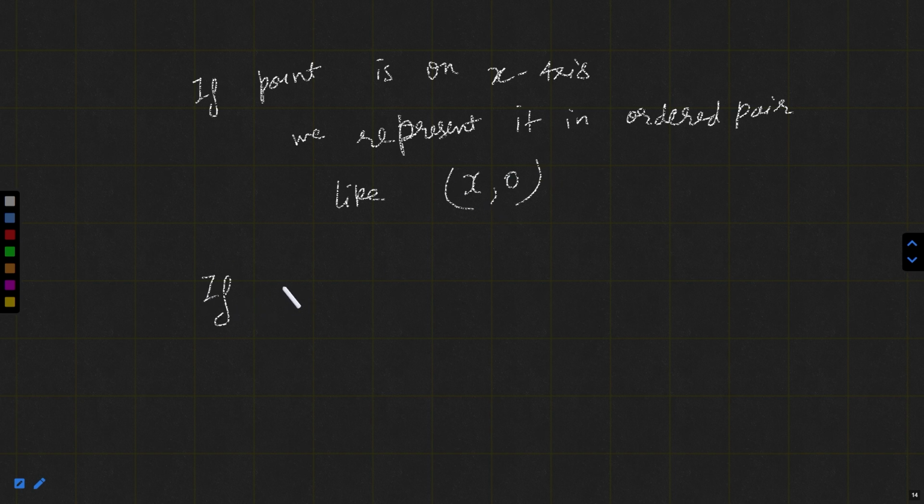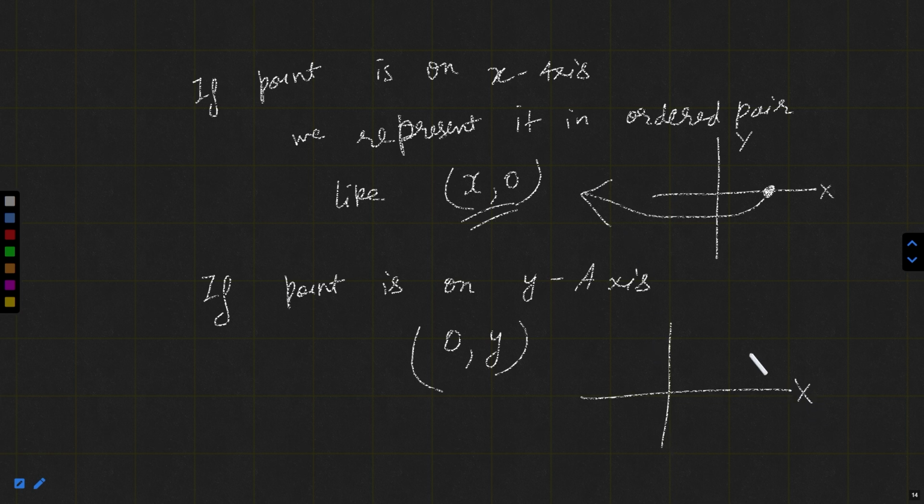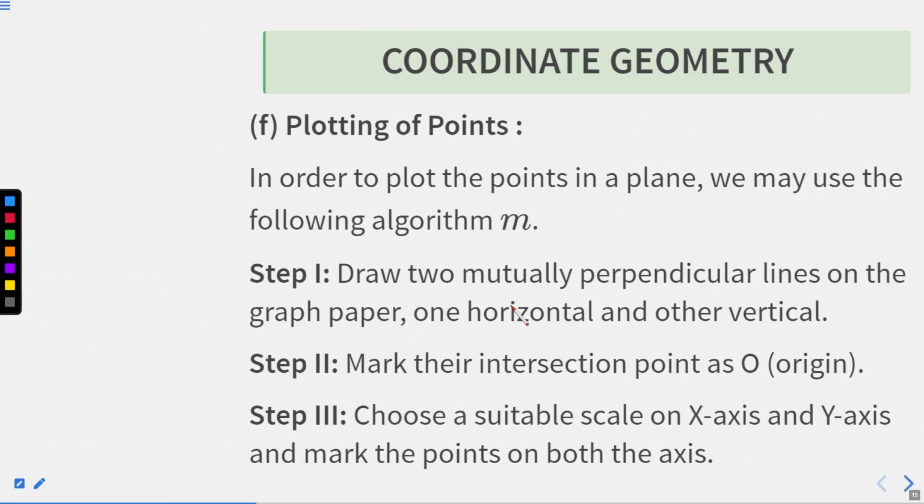And if a point is on the y-axis, we represent it in an ordered pair like 0 comma y. Okay. So if we draw the Cartesian plane, or the rectangular plane, the x-axis is somewhere here, and the y-axis is somewhere here. Clear? Now let's move further.